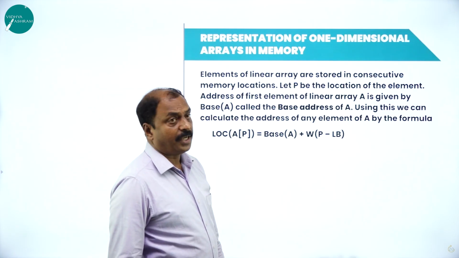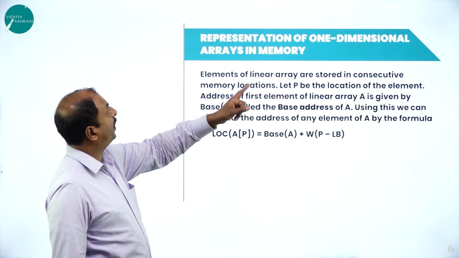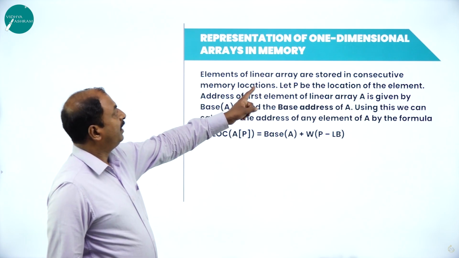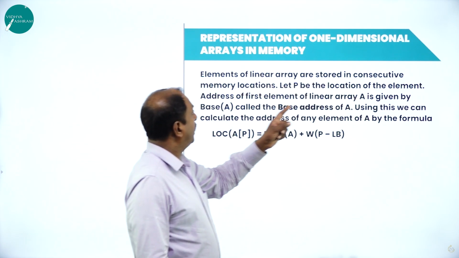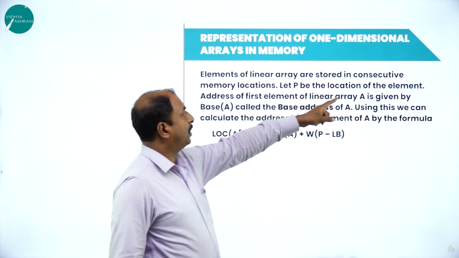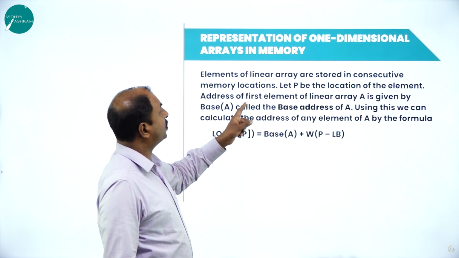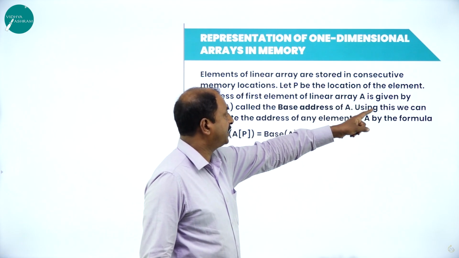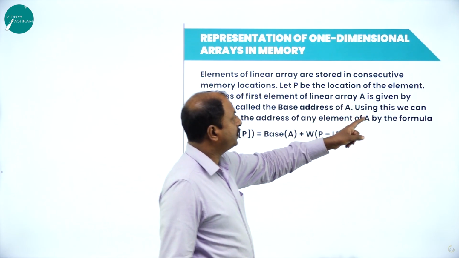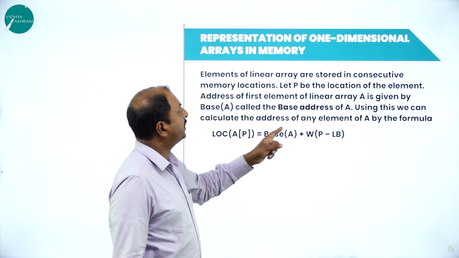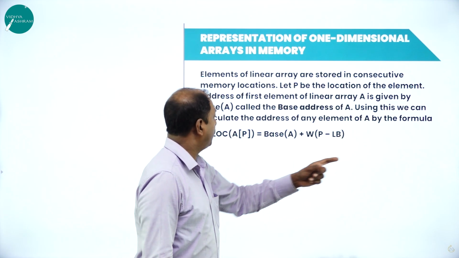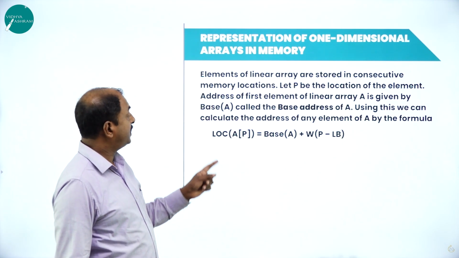Now let us see how we represent a one-dimensional array in computer memory. Elements of a linear array are stored in consecutive memory locations. For example, let P be the location of an element. The address of the first element of linear array A is given by the base, called the base address. Using this, we can calculate the address of any element of A by this formula.